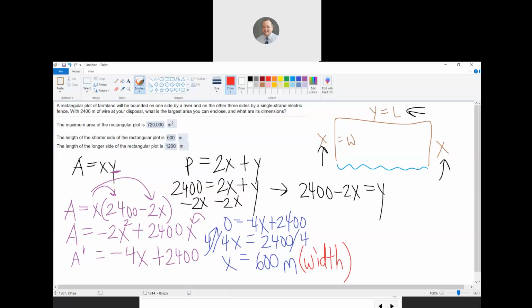To find the length of the longer side, or y, just use this equation right here and replace your x with 600. That gives us 2,400 minus 1,200. So the longer side is 1,200 meters.